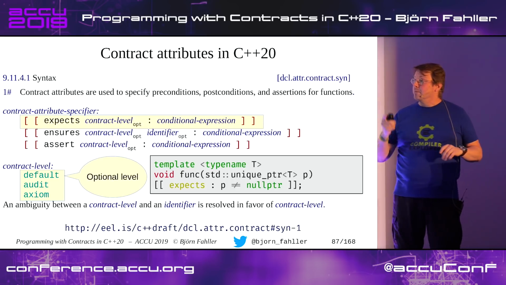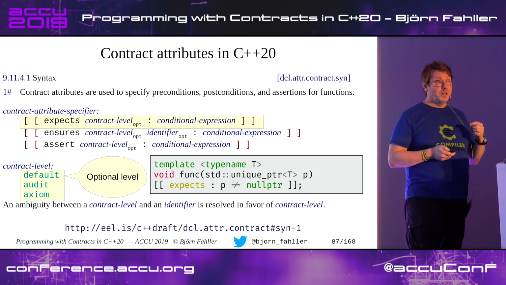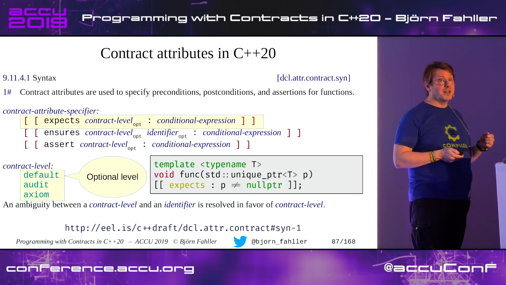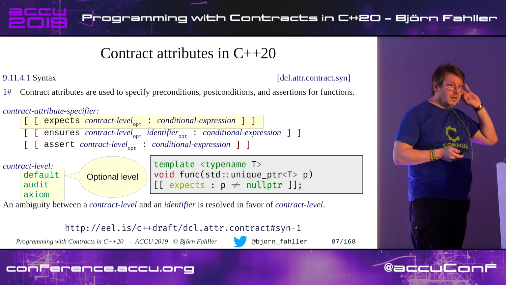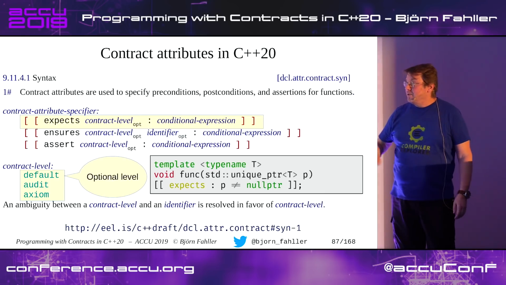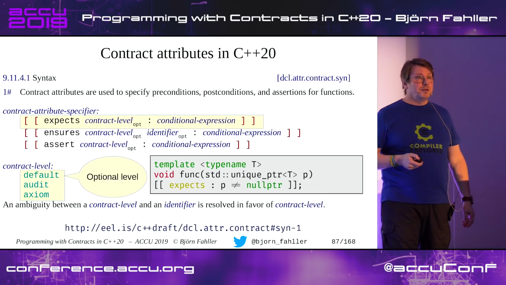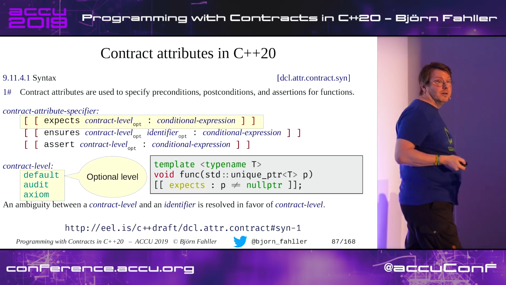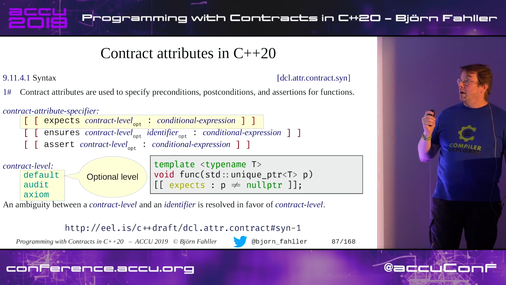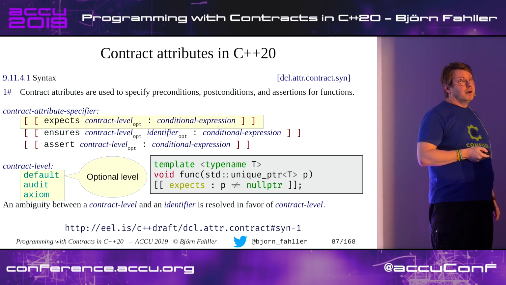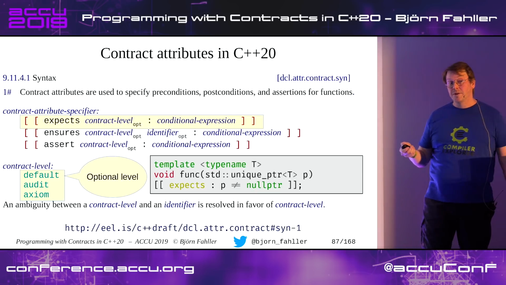Axiom are interesting because they are actually never checked. What's the use of a contract that is never checked? Sorry? It can be readability. It can be communication to the reader of code. It can be used by static analysis tools.